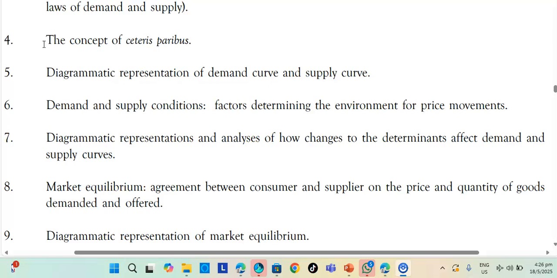Another factor that influences supply conditions is cost of production, and this includes the cost of raw material, labor, rent, machines, energy, etc. If production becomes cheaper, supply will increase. If production becomes more expensive, supply will decrease. So if the cost of fertilizer rises, what will happen to the supply of vegetables?